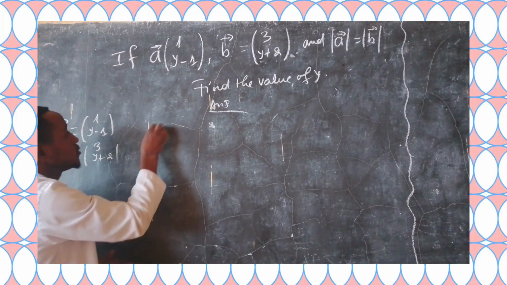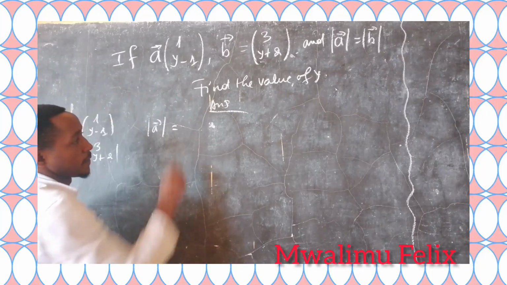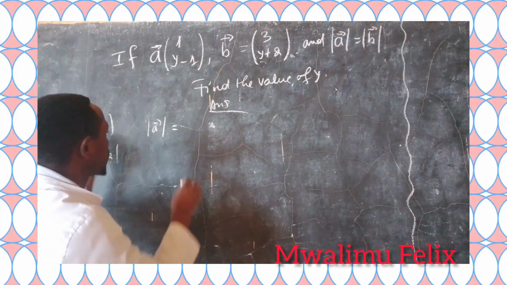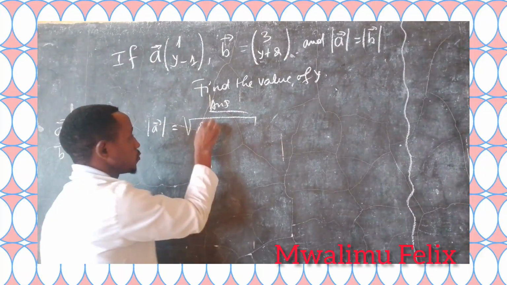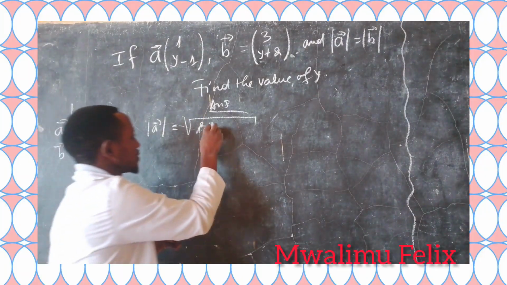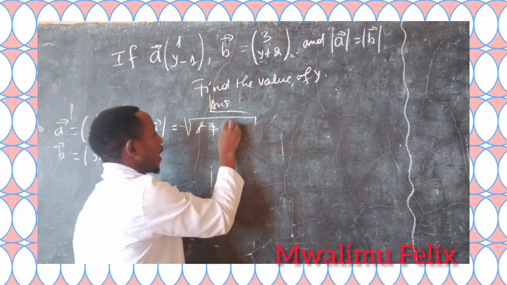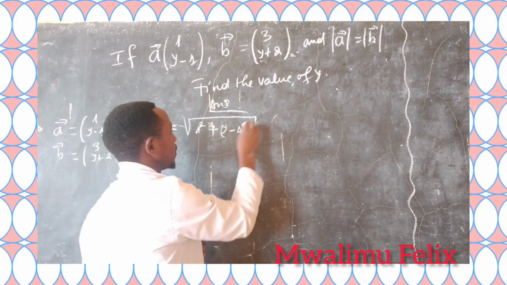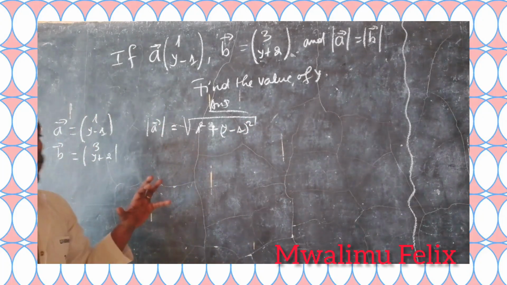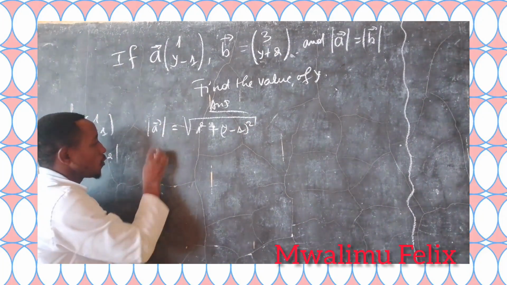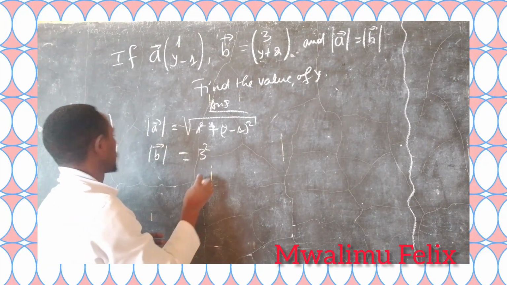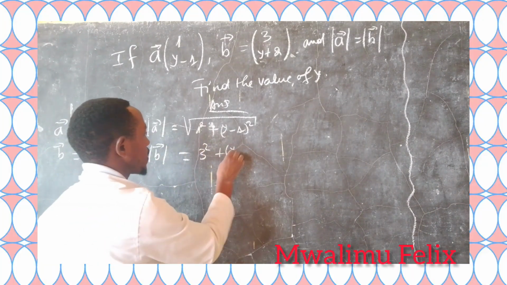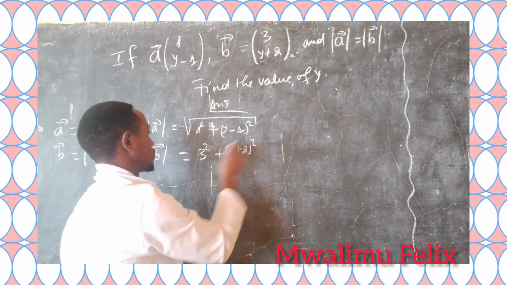So the magnitude of a is equal to what? The magnitude of a is the square root of 1 power 2 plus y minus 1 power 2. The magnitude of b is the square root of 3 power 2 plus y plus 2 power 2.